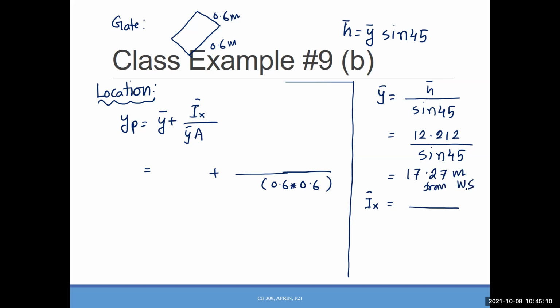Now, what will be the Ix? What is the shape of the gate? Rectangular, trapezoidal, triangular, circular? What type of surface we are having here? The gate, 6 by 6, square, or in other way, you can actually consider that rectangular just for the equation purpose. So b h cube over 12. Give me that number also. 17.27.